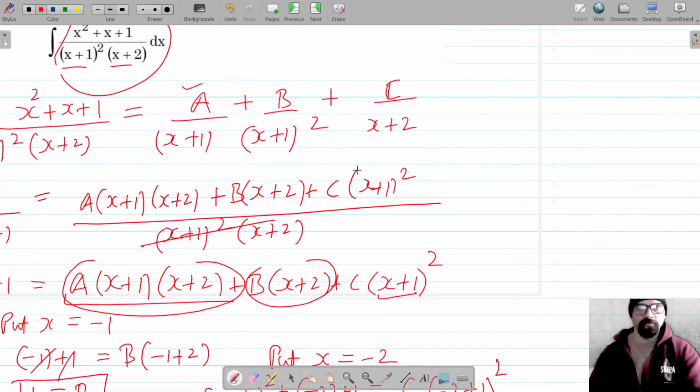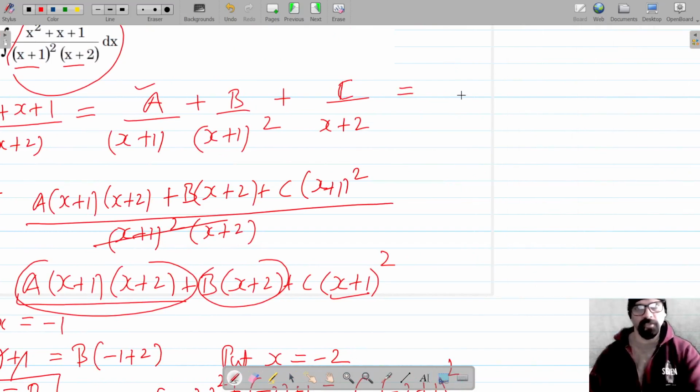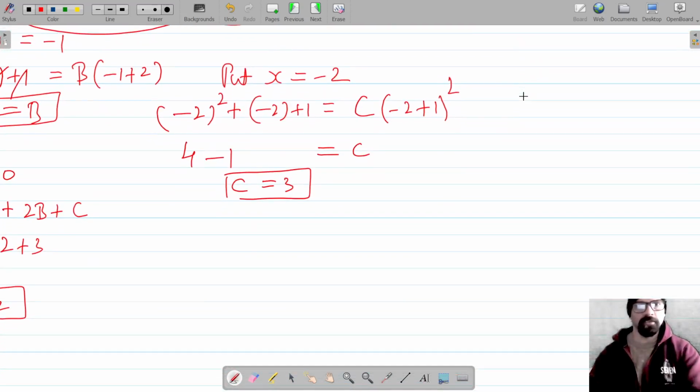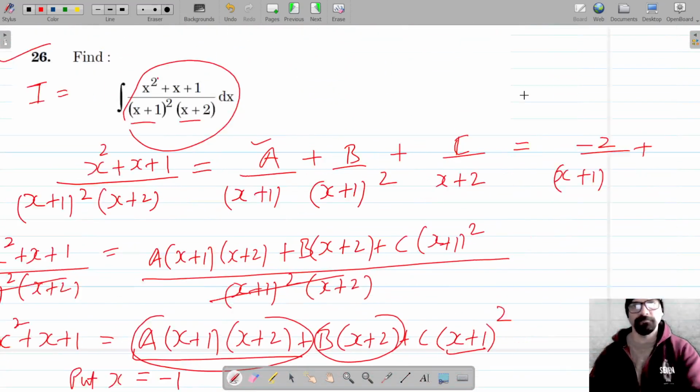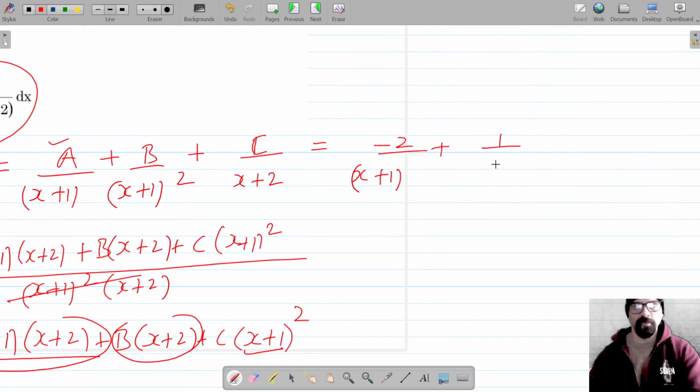If I put these values here, this becomes a is -2 by (x + 1) plus b is 1 upon (x + 1)² and c is 3 upon (x + 2).